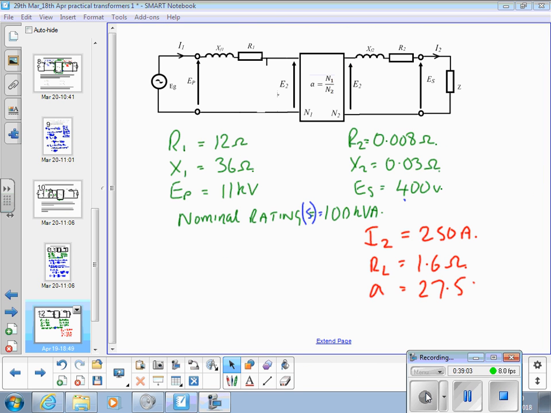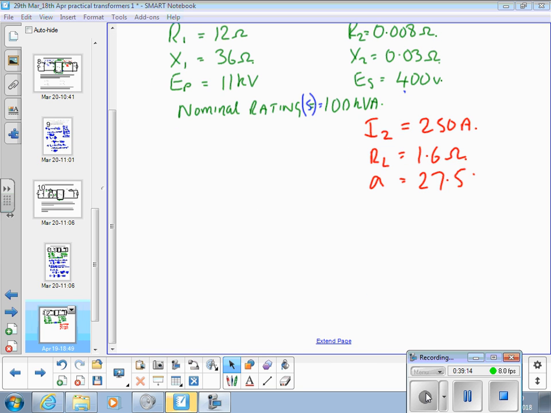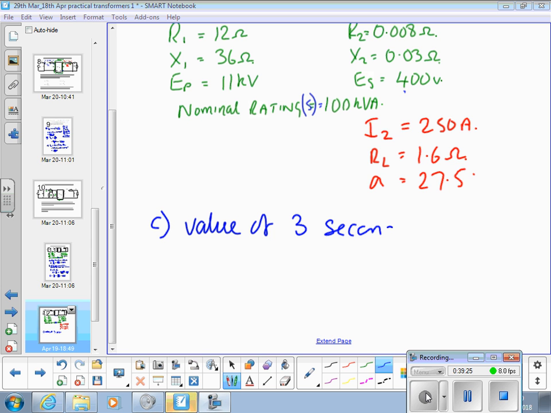Right. So, next question: value of three, transfer to primary.